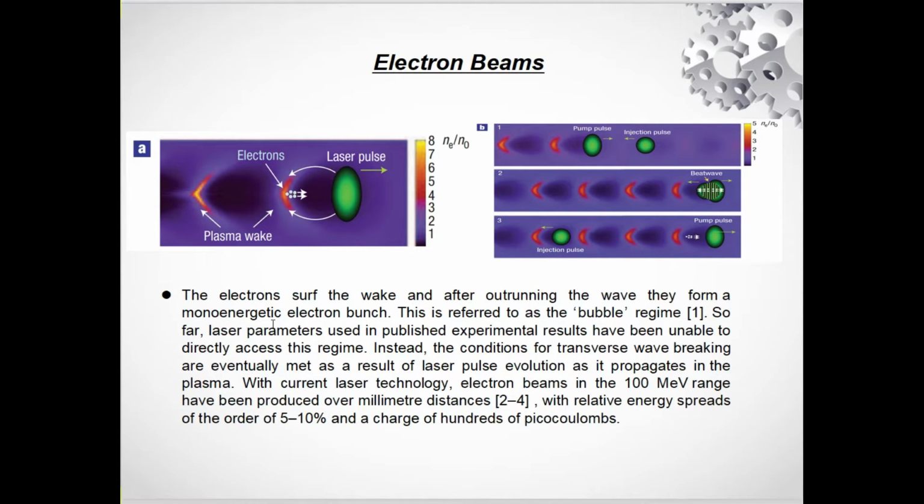The electrons surf the wave, and after outrunning the wave, they form a monoenergetic electron bunch. This is what we call the bubble region.